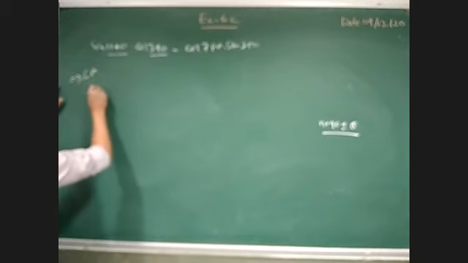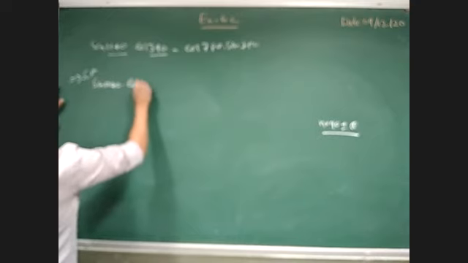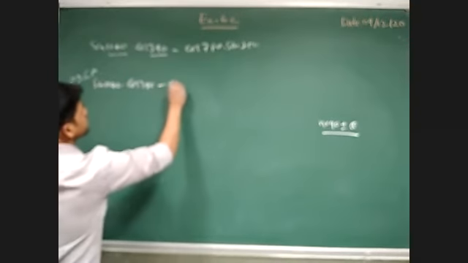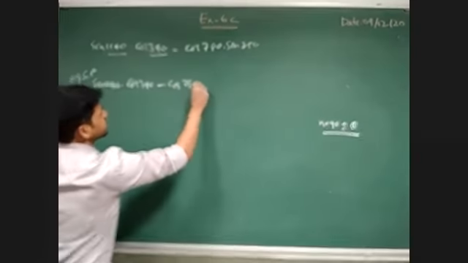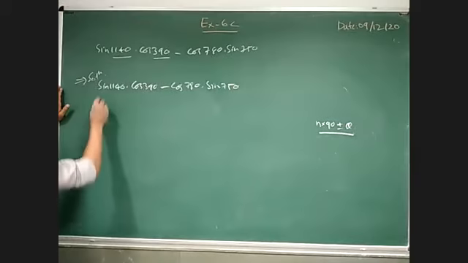Solution. So 114 into cos 390 cos 78 into sin 75. Okay, so here I am going to break this first.